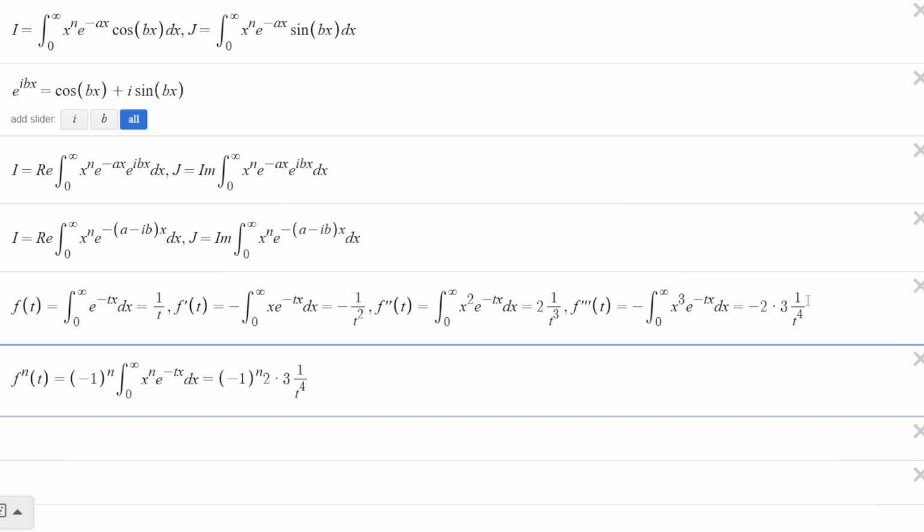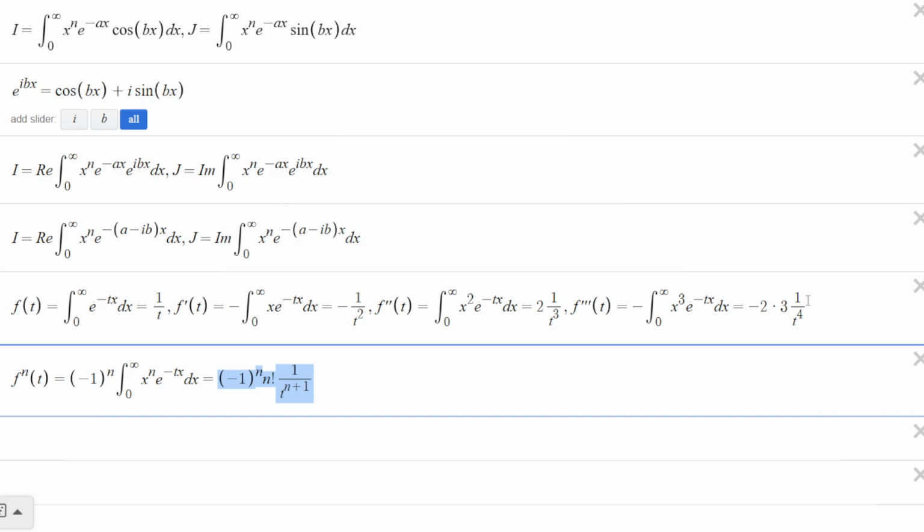Now notice, every time we take a derivative, we're adding the next integer in this sequence to its product. So basically what that means is we just have n factorial. And this power on t is always going to match whatever derivative we're on plus 1. So we can say t to the n plus 1. All right, so now we have the nth derivative of our function of t is equal to this.